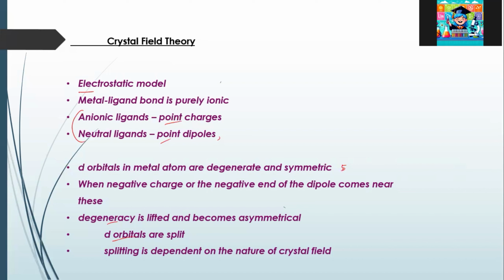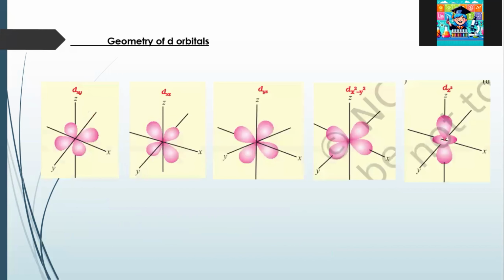So we have seen in the previous class how this splitting is happening in the case of octahedral complexes, and now we'll see it in the tetrahedral complexes. Before that, we will just have a quick recap on the shape of the d orbitals.